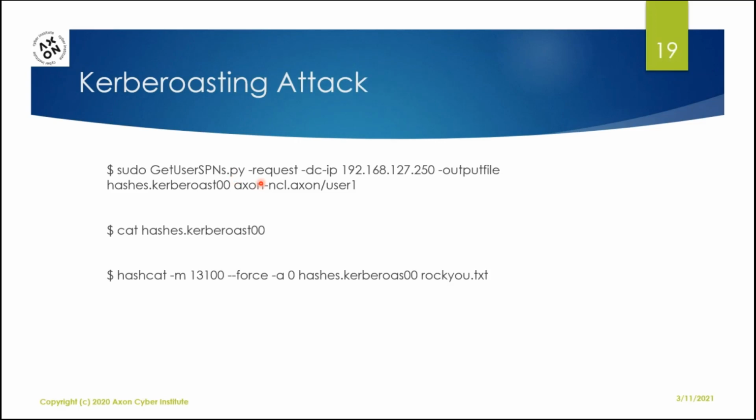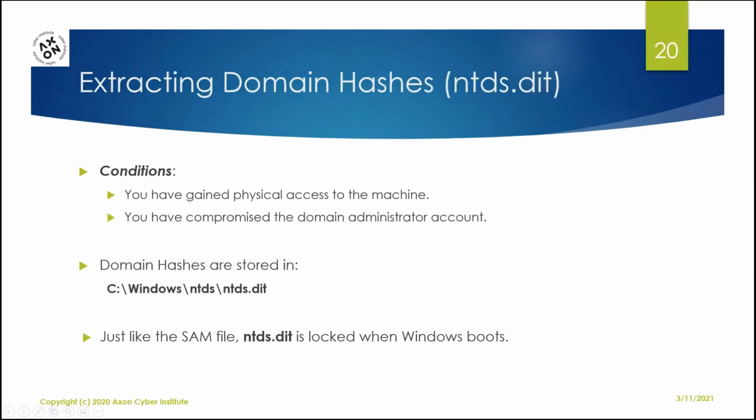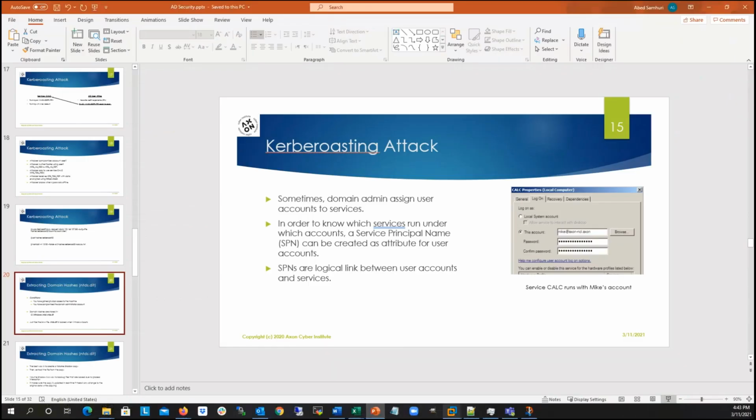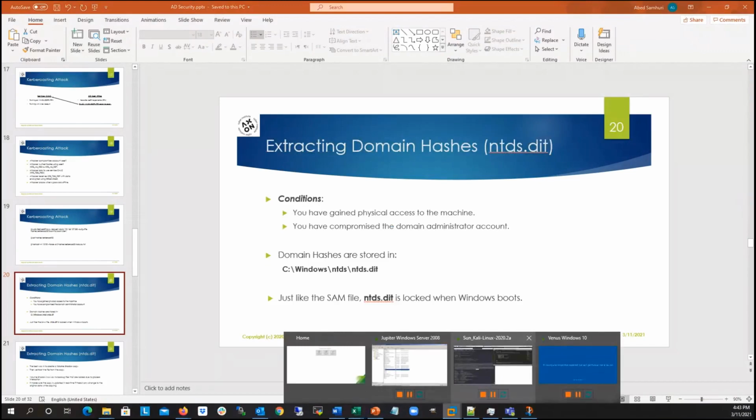Then I can acquire TGS tickets encrypted using those users' passwords, and then I can crack them offline. Let us do this lab and see what passwords we can now compromise.